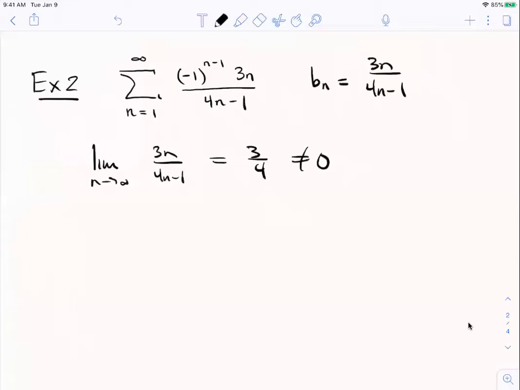That's not 0. So these terms are not approaching 0. In some sense, the alternating series test doesn't apply, because we haven't met its hypothesis. We can only use the alternating series test when these terms go to 0, so it does not apply.